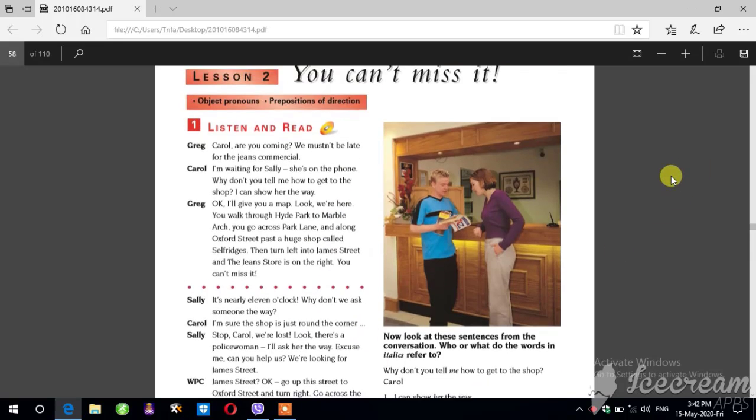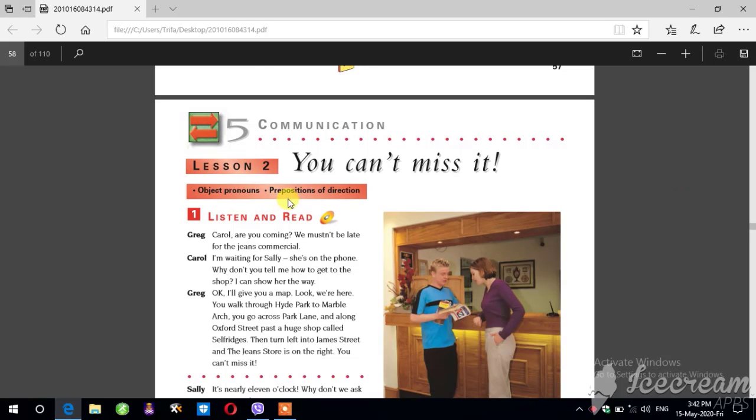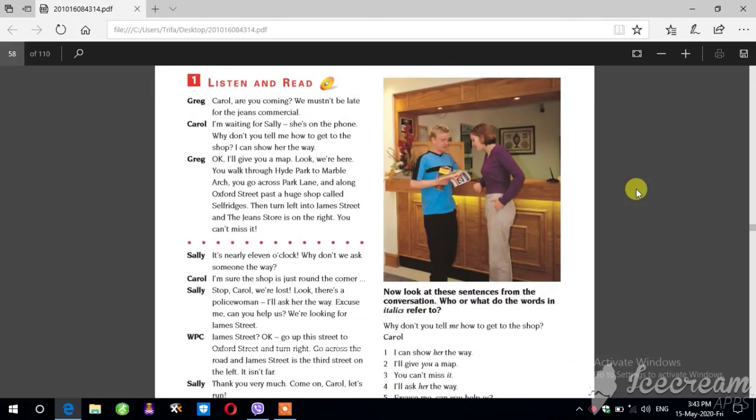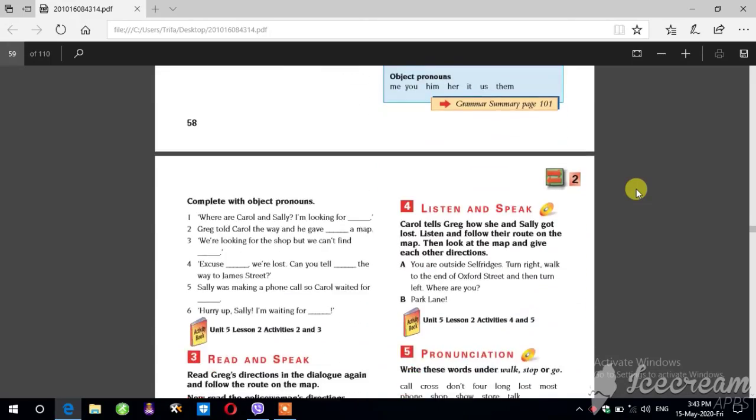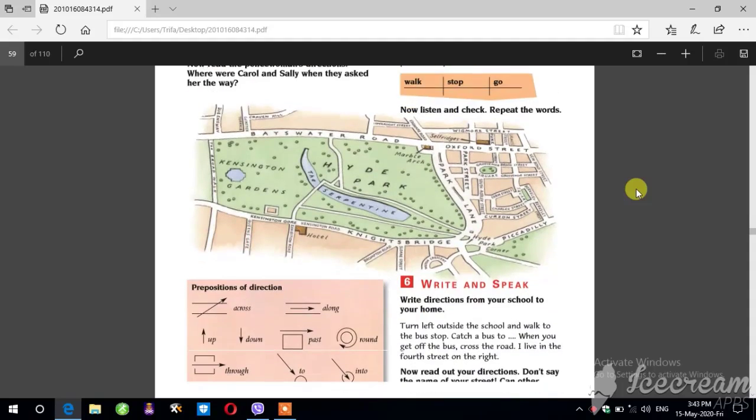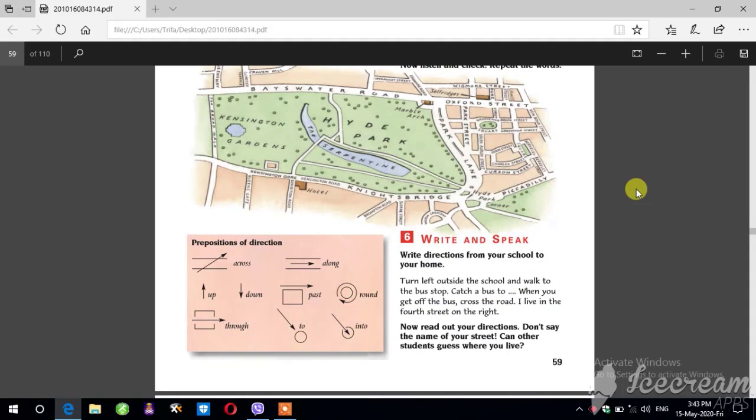And we said we have what? Prepositions of direction. What is preposition of direction? They are prepositions. By these words we can find the place, the direction. Look at here, across. If you look at the picture, you can know what is the meaning of across.